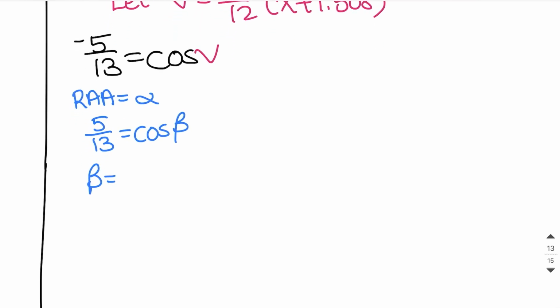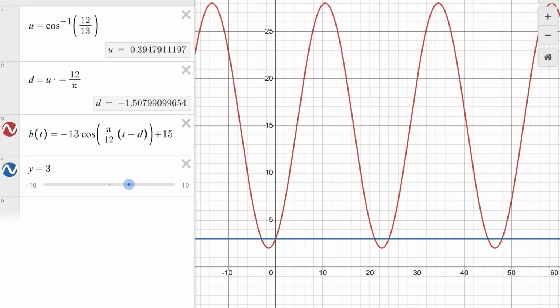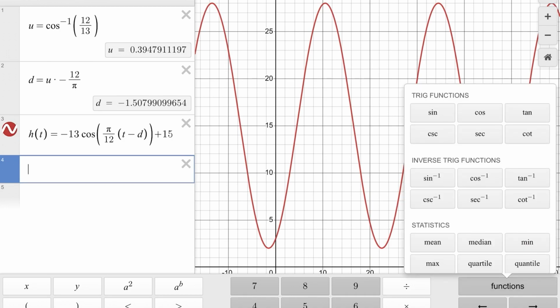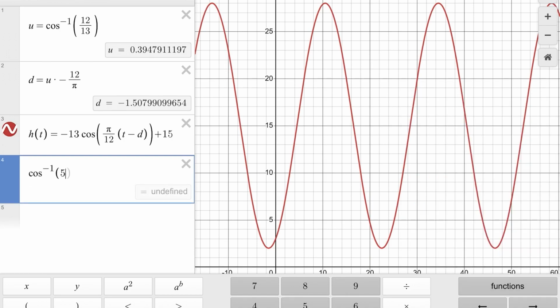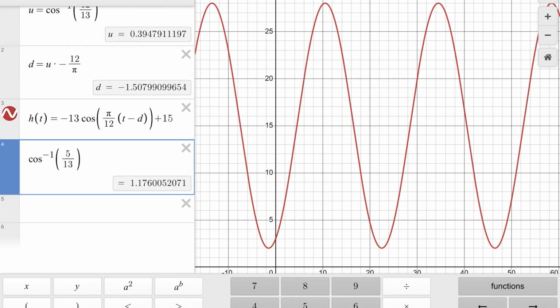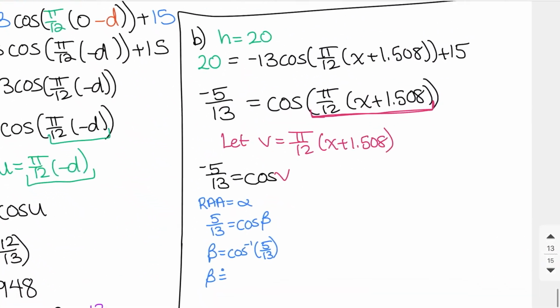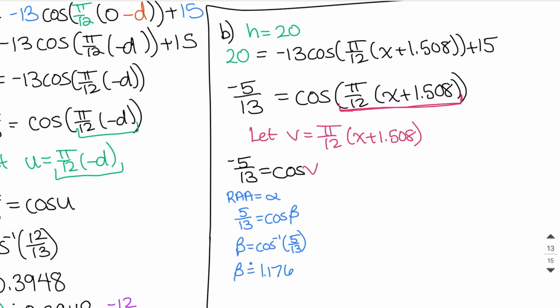That tells me that beta is equal to the inverse cosine of 5 over 13. So let's type that into our calculators and see what we get approximately. I get another super ugly number, approximately 1.176, but we're still going to use the actual value in the calculator.